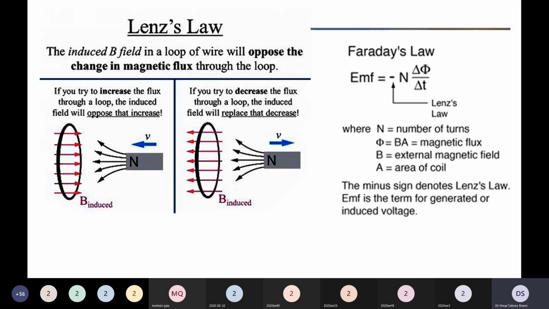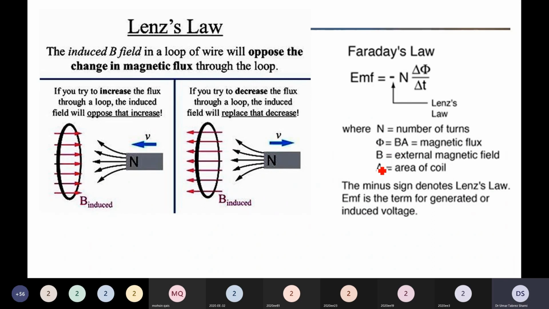Now, Lenz's law and Faraday's law. In Faraday's law, we define the amount of voltage induced, and this is given by EMF is equal to minus N d phi over dt, where N is the number of turns, phi is the magnetic flux, and dt is the portion of the time.